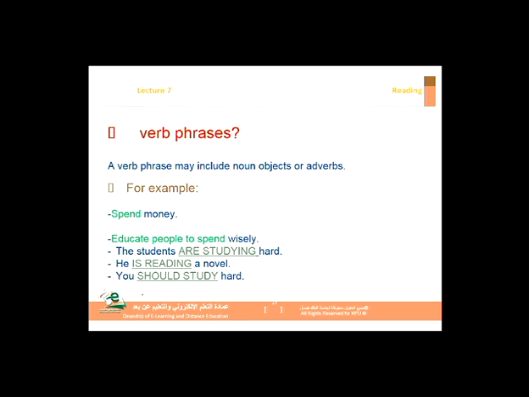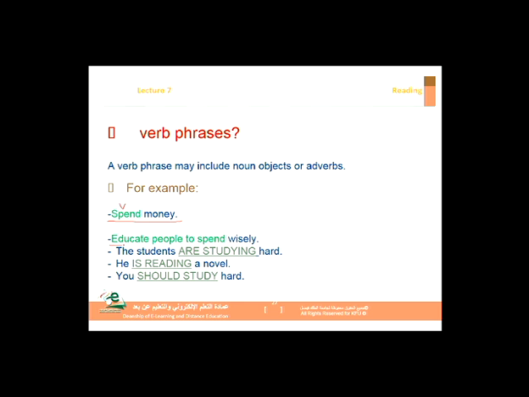A verb phrase may include nouns, objects, or adverbs, but there is a verb. Look at these examples. To spend money. Spend is what? A verb. Spend money. Eat food. Eat is a verb.